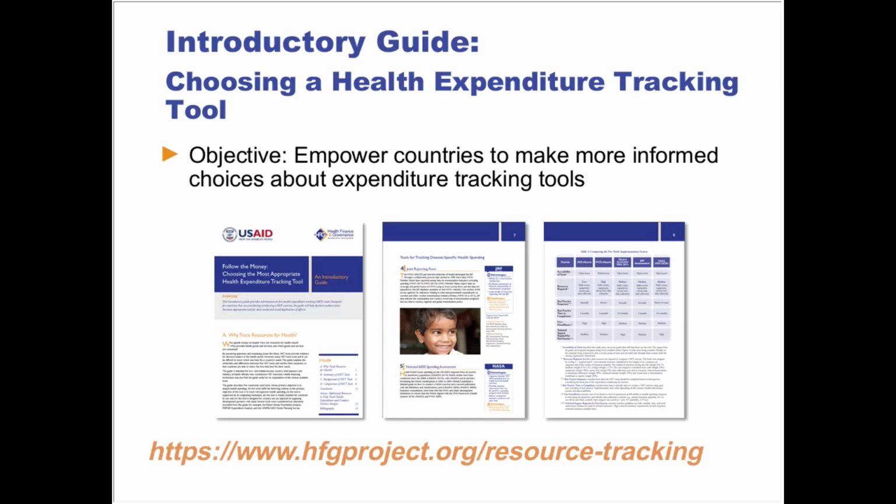So the guide that we've produced provides an introduction to the 5 tools that you mentioned earlier. It explains their scope and also the different policy issues that each tool is trying to address. Sometimes several tools might help to answer the same question, but each tool also helps to answer some unique questions as well.